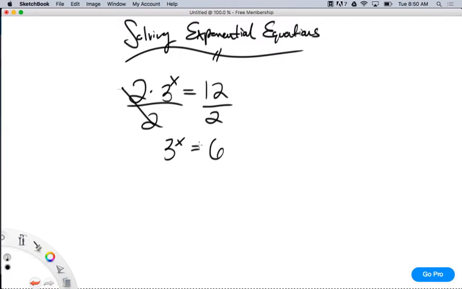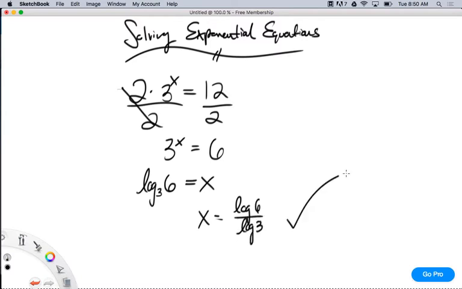Rewrite in logarithm form. This becomes log base 3 of 6 equals x. At that point, what do we do? Calculator. x just equals, use the change of base, log of 6 over log of 3. And whatever this evaluates to in your calculator is your answer. So that's solving exponential equations.